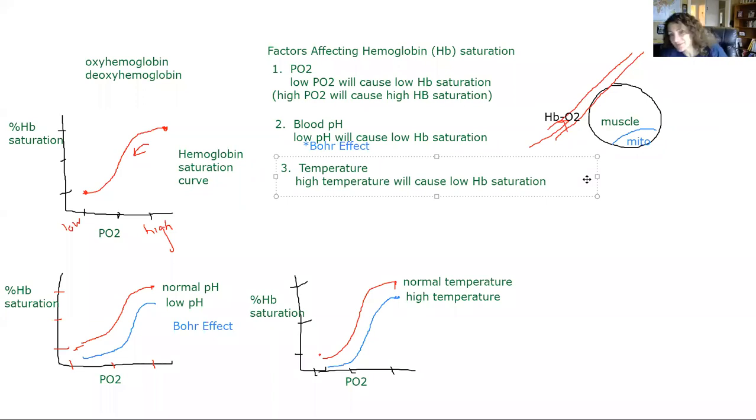If this muscle is exercising, tell me some conditions you'd expect to see here at the exercising muscle. Low saturation. Well, I'm not talking about the hemoglobin now. I'm talking about conditions that are created at the exercising muscle. An increase in carbon dioxide.